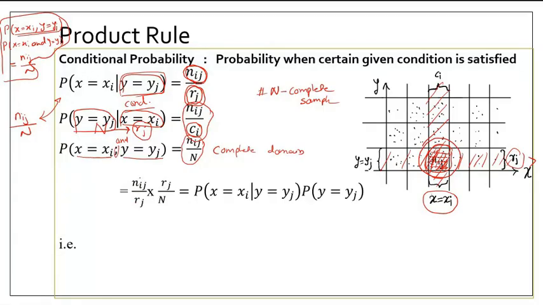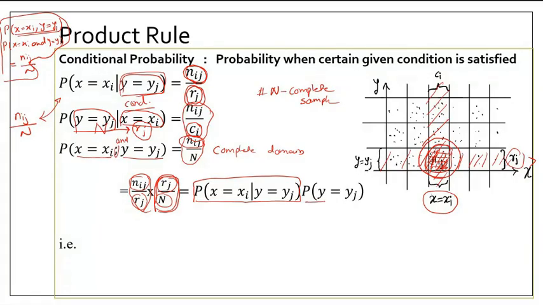I just do some arrangement. So this portion, nij by rj, is the probability x is equal to xi given y equal to yj. And what is rj by n?